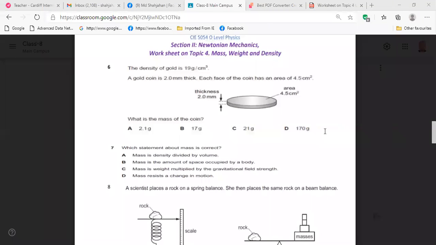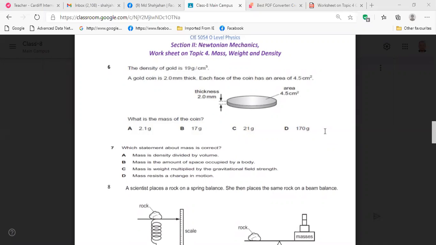You should get the volume and you should get the density, right? Already we did one question where we calculated mass. Mass is equal to volume times density, right?